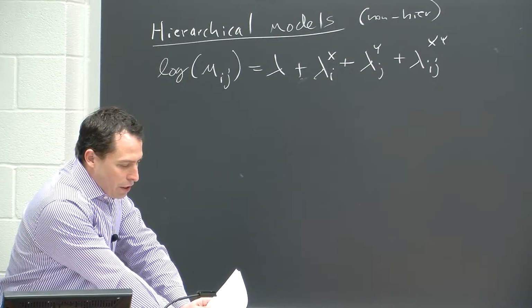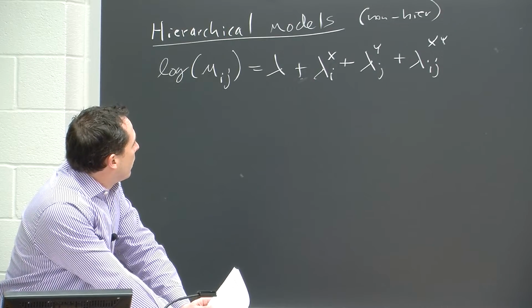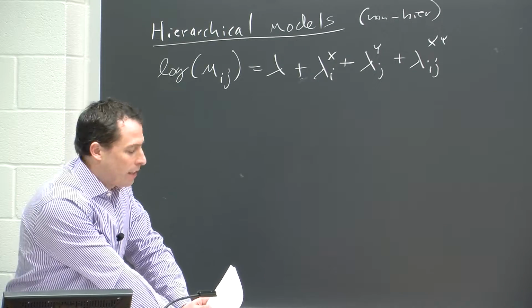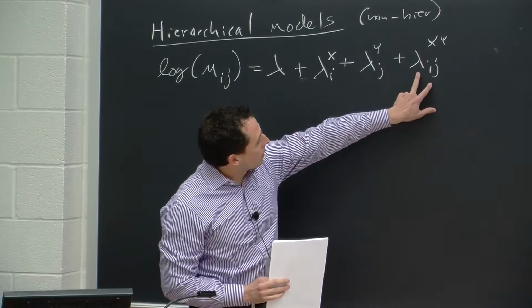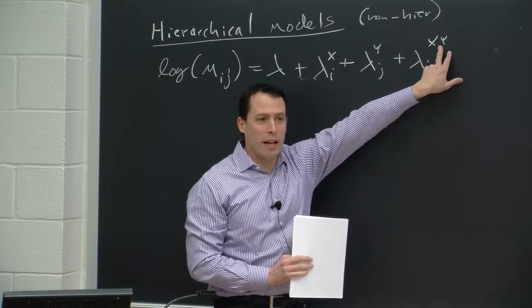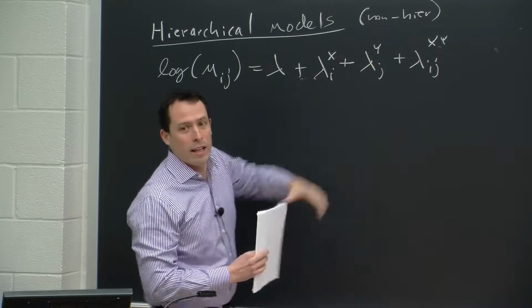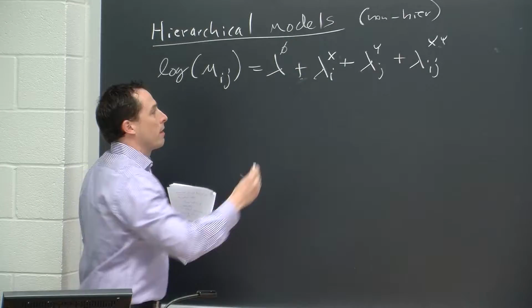One thing that you should notice about a model like this is that it's hierarchical in the sense that whenever I have a term in the model, I have all the smaller terms. If I have an xy, I have x, I have y, and if I think of this as a set, I also have the empty set.